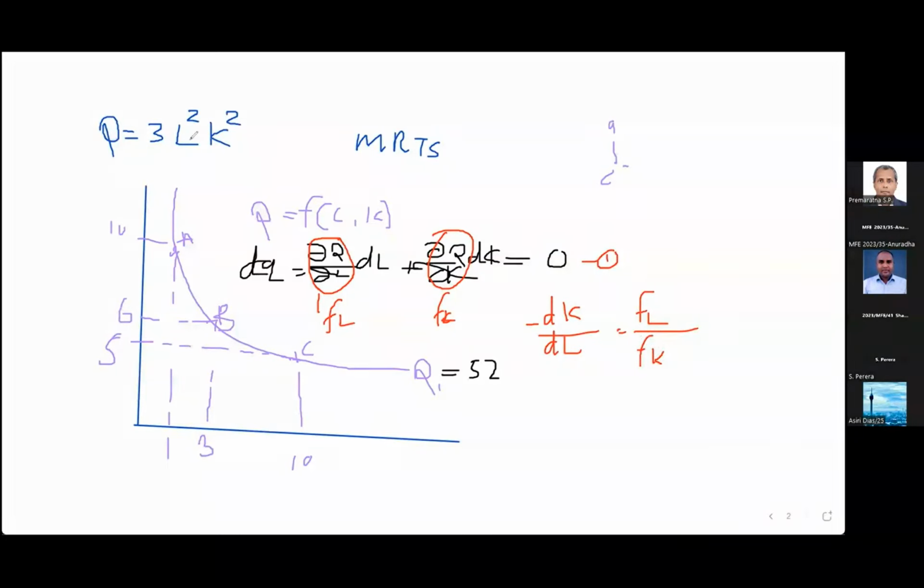So what we have to do from this particular example, where I gave Q equals 3 L squared K squared: find the MRTS, which equals the marginal product of labor divided by the marginal product of capital. Then find the value at A, B, C, all the places. I'll give you 10 minutes. In the 10 minutes, I want to see your figures.